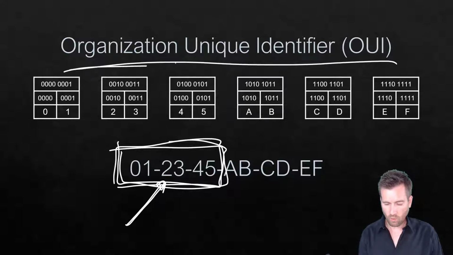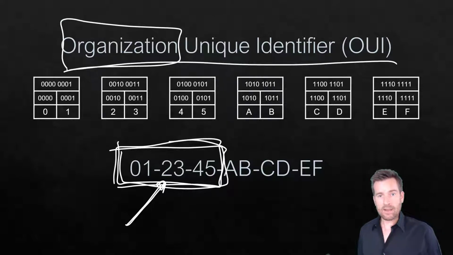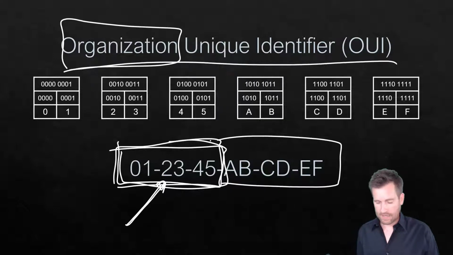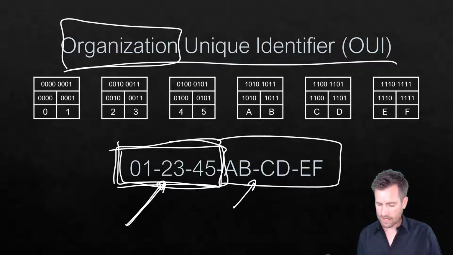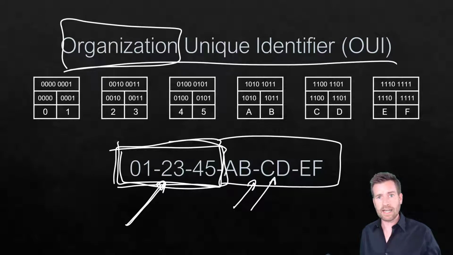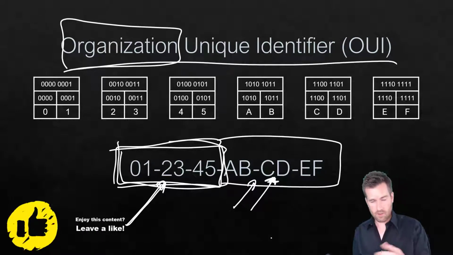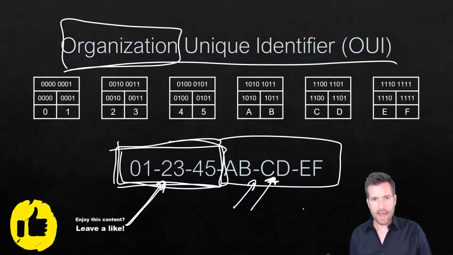So it's the organization. And then you have the second 3 octets to work with, and you would assign those to all of the hardware. It would be your responsibility to make sure that you don't assign 2 different pieces of hardware the same MAC address.